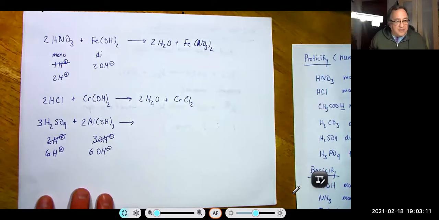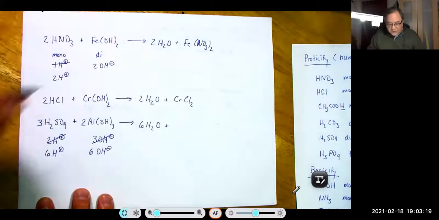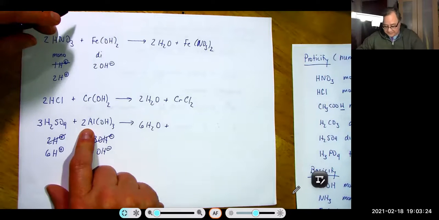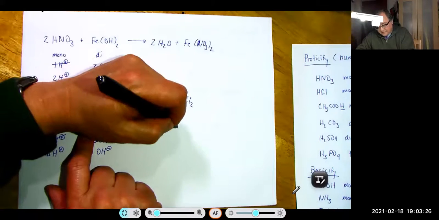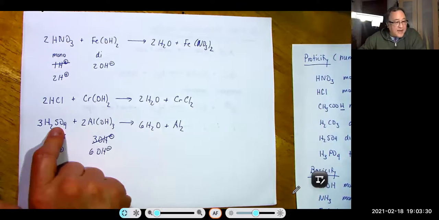How many water are we going to make? 6. Now, what's left over of the cation? It looks like 2 of them, correct? 2 of them. What's left over of the anion?